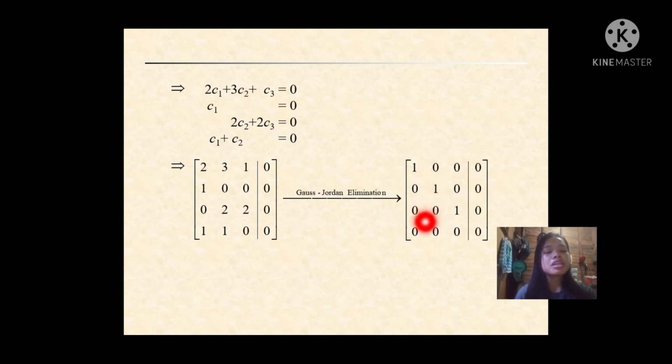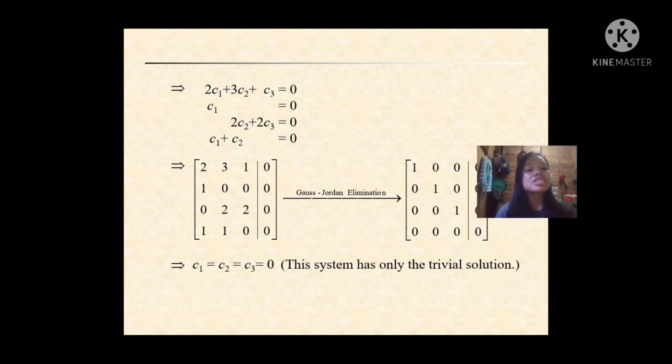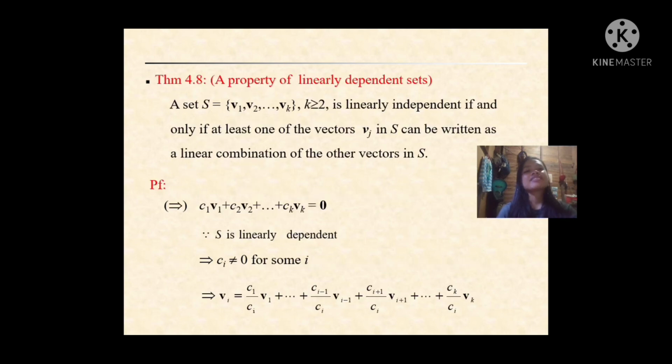Gauss-Jordan elimination has leading 1s and zeros below. c sub 1 equal to c sub 2 equal to c sub 3 equal to 0. This system has only the trivial solution. S is linearly independent.